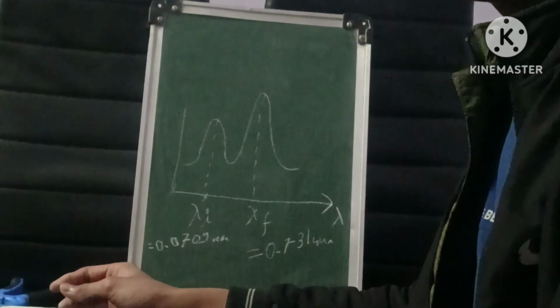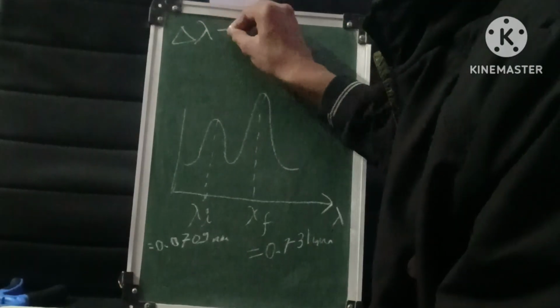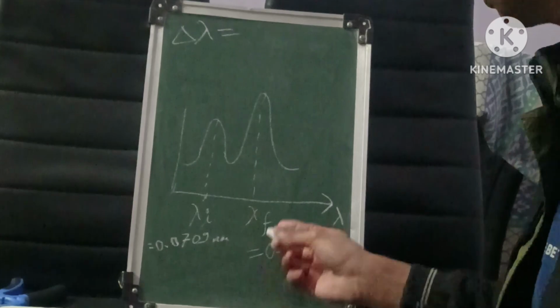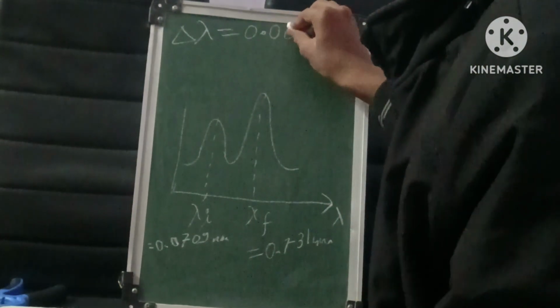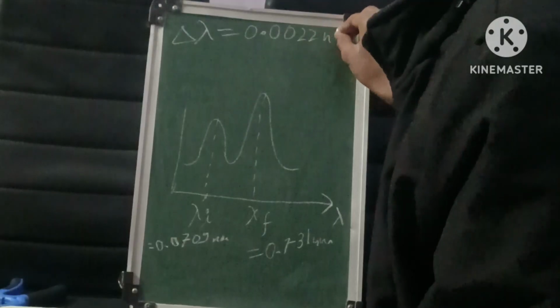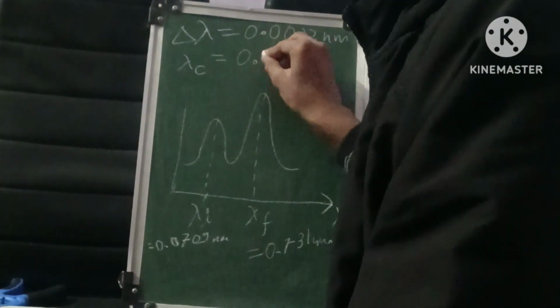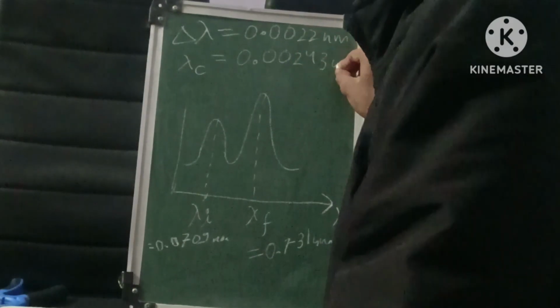And now if we take out the delta lambda, it would be 31 minus 9, 22. So it will be 0.0022 nanometers, and the Compton wavelength is 0.00243 nanometers.